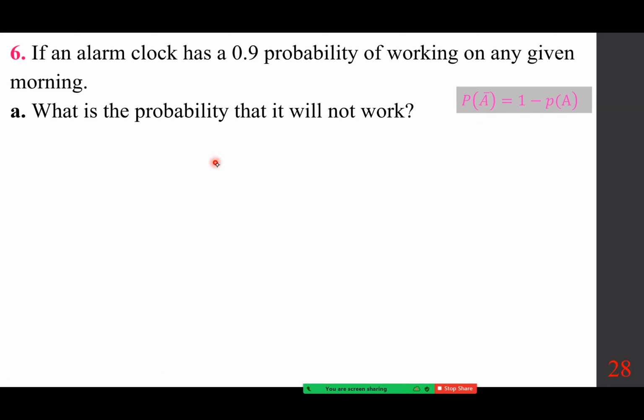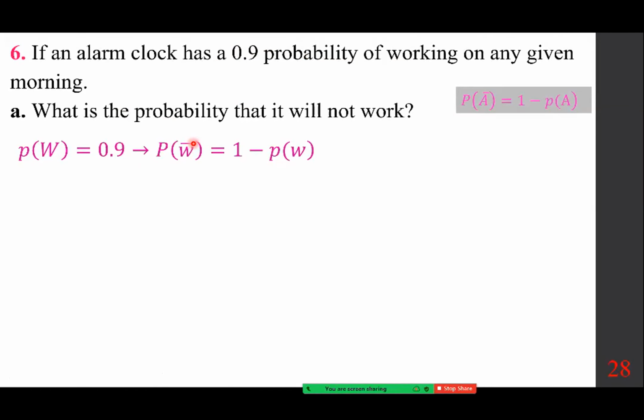Probability of not working is 1 minus that. So probability of working is given as 0.9. I'm going to use W to represent working. Probability of W not, the complementary event. So not working would be 1 minus that, which is 1 minus 0.9, which is 0.1 or 10%.